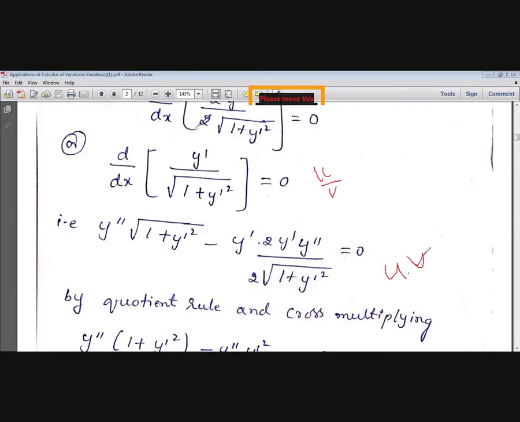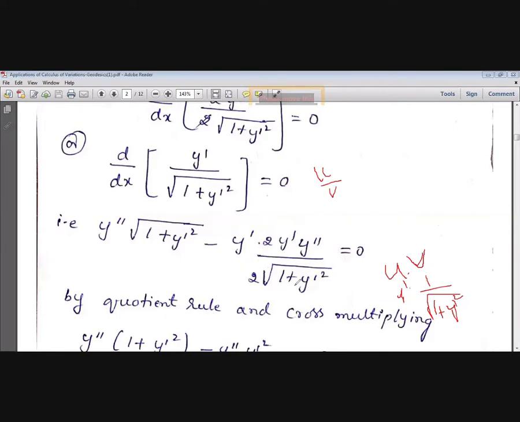If you want to use uv rule, take u as y dash, then v as 1 by root of 1 plus y dash square. So u v dash plus u dash v. You can use that also. That will also give the correct answer.